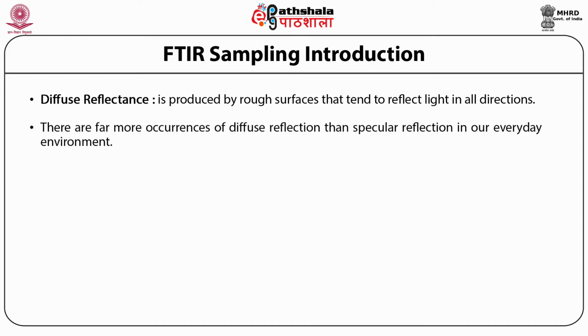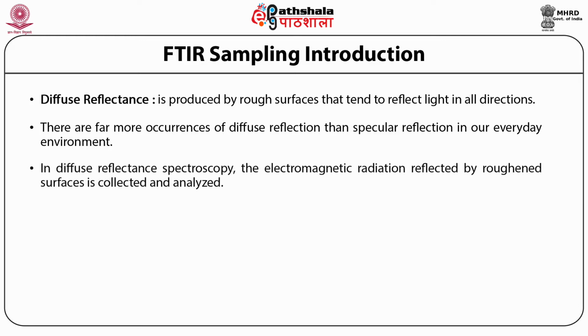So there are far more occurrences of diffuse reflection than specular reflection in our everyday environment. So students, in diffuse reflectance spectroscopy, the electromagnetic radiation reflected by roughened surfaces is collected and then analyzed.